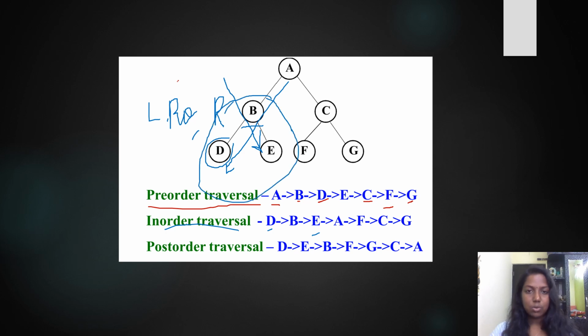So we take this whole thing to be the left. Now we go to the root, that is A. Now we go to right. When we go to right, there is again C, F, and G. So we go to the left end, that is F. Root is C, and then the right element is G.